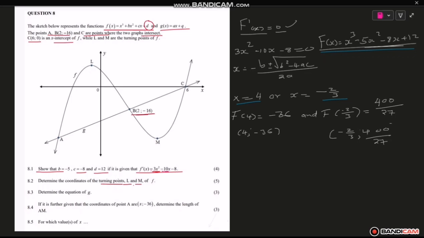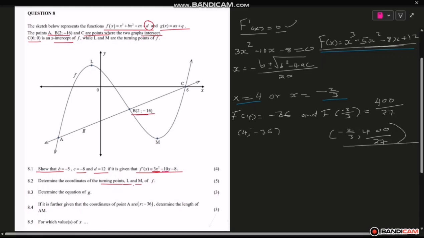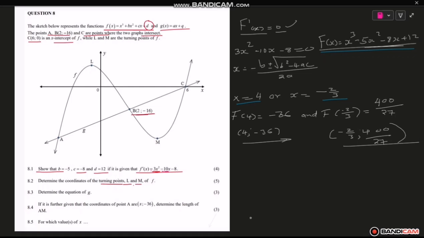Then they want us to be specific about which is L and which is M here. We know that M must have a positive x value and L must have a negative x value. Okay. Then this must be M. No, it can't be M. Why? Because the x value is positive on this side.